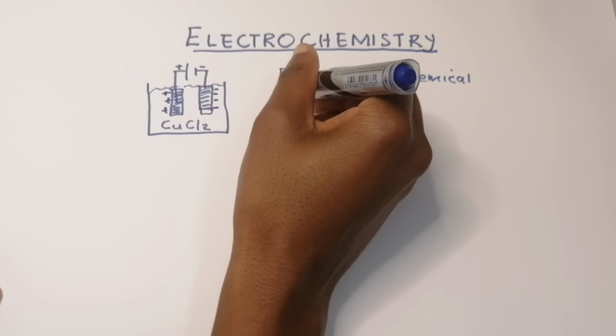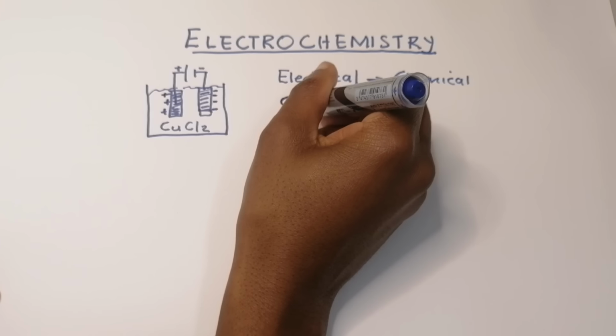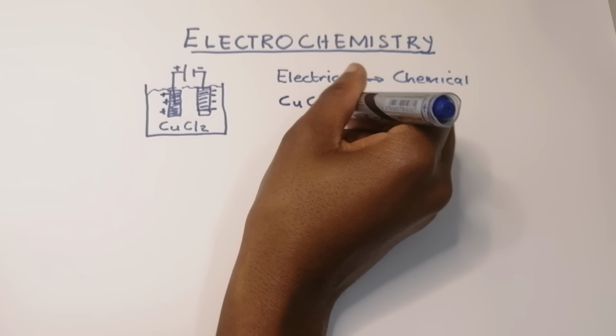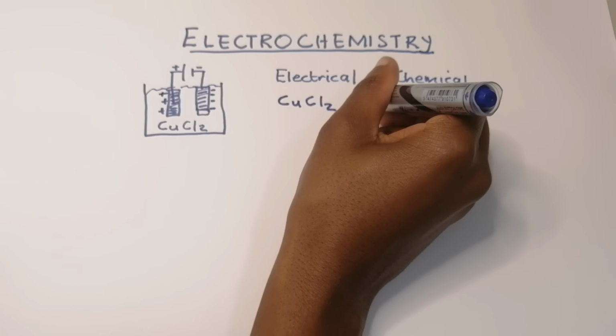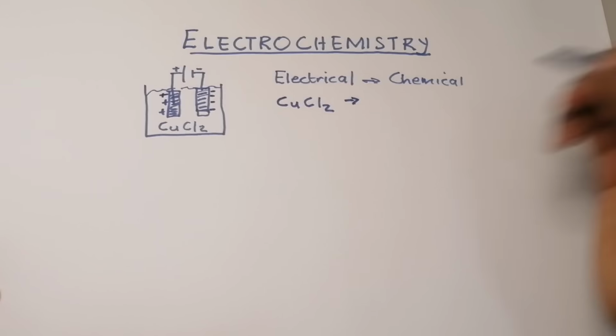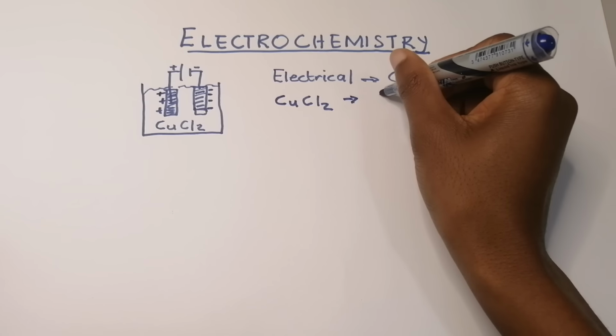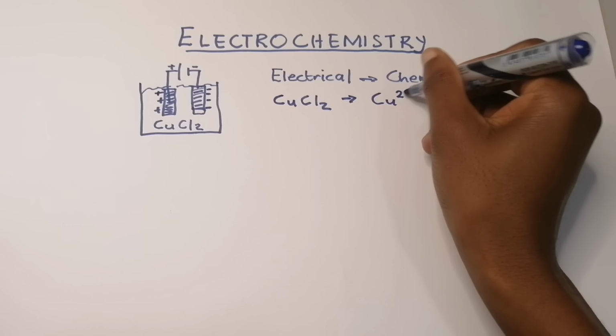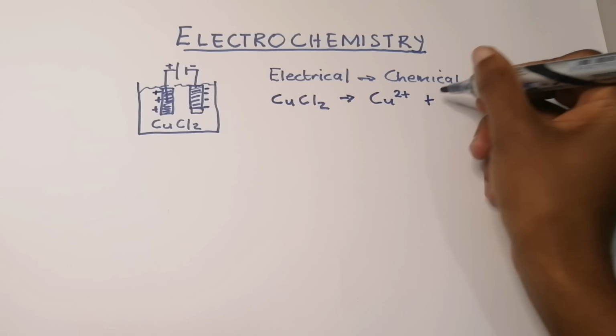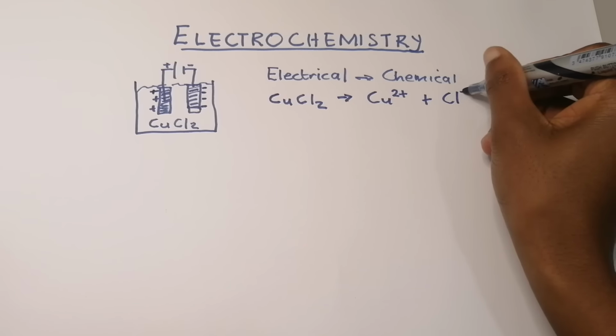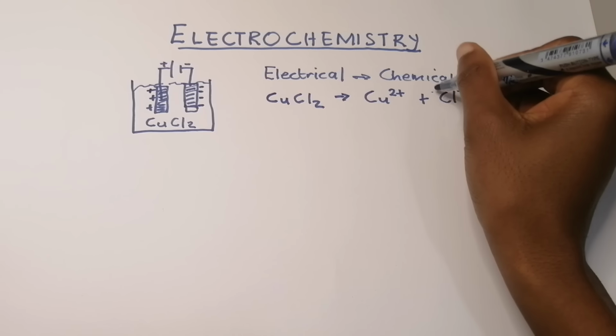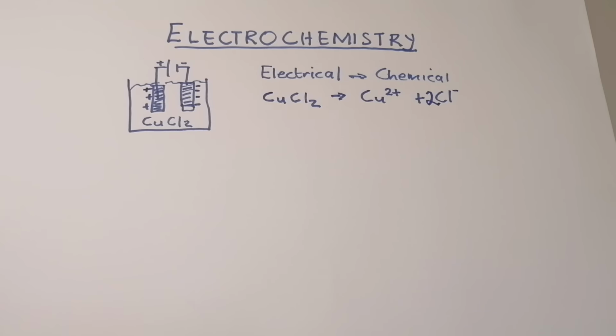Now, typically copper chloride, being a salt, is able to ionize, or you can say dissociate. And when it ionizes, it becomes Cu2+, and you also have Cl- ions. I've got two of them there, so I would have 2 Cl-.